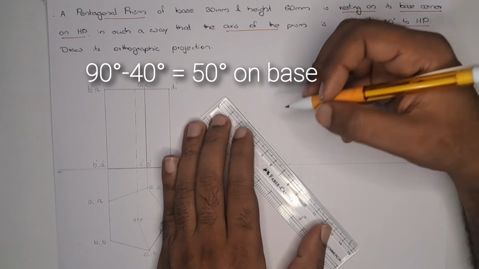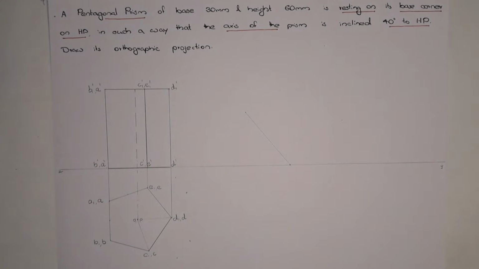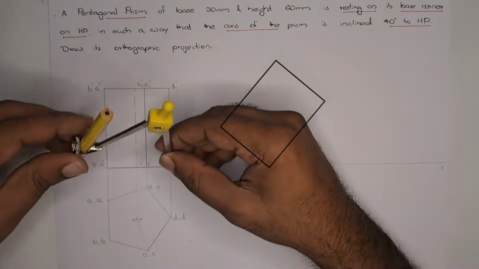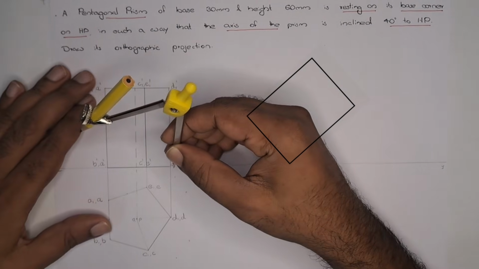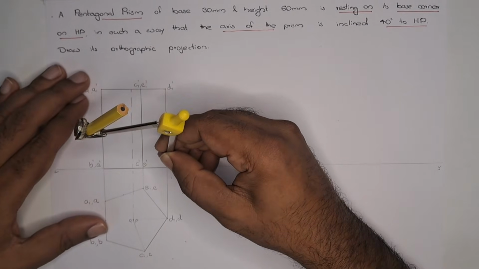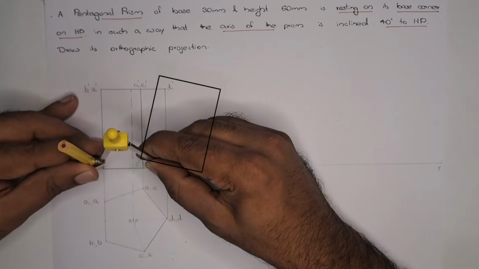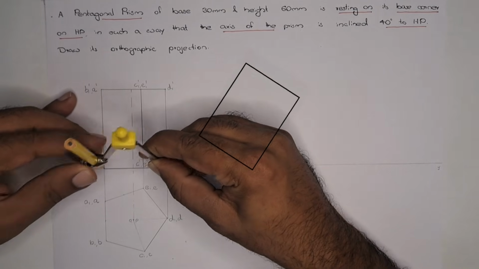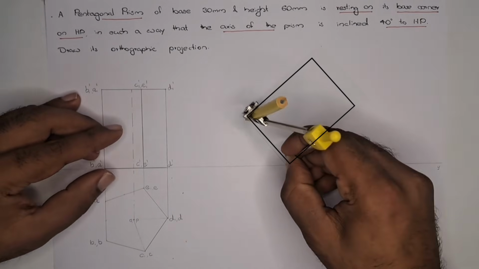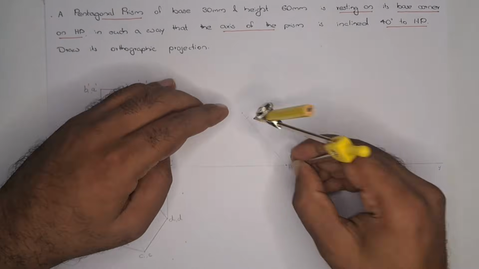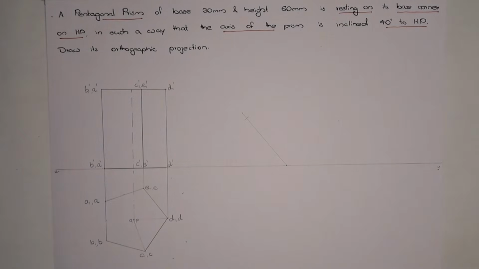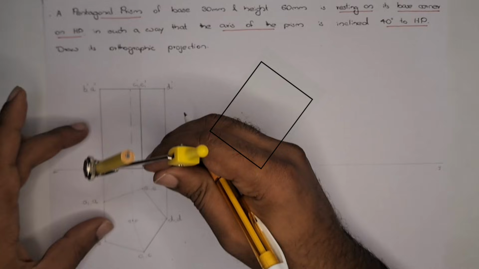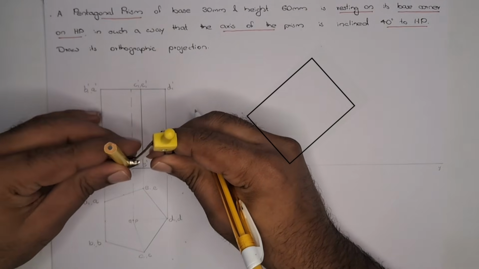Just draw it here, and we can mark the distance. We can take from here and mark every distance.